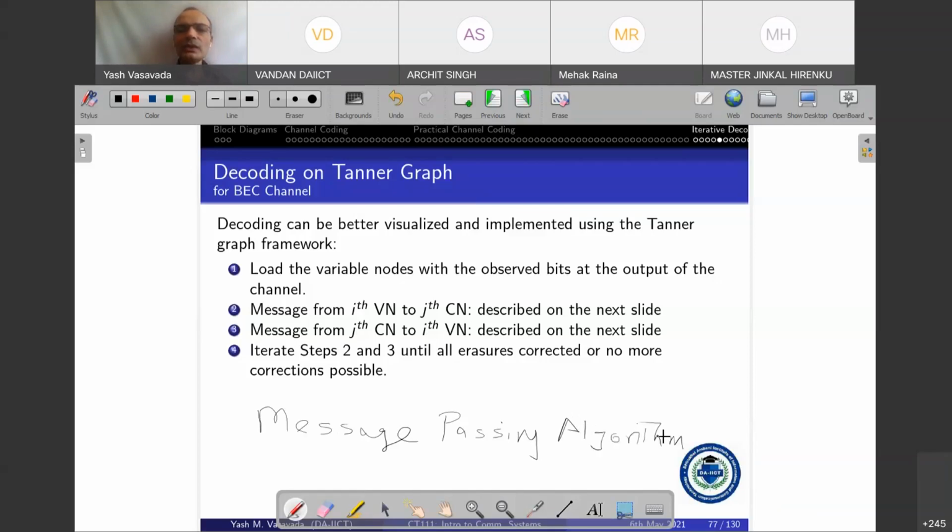So each node of the graph is going to pass a message to the nodes that are connected to it. And when you do the soft decision decoding that we are going to talk about, it also is known as belief propagation algorithm. So either MP or BP.